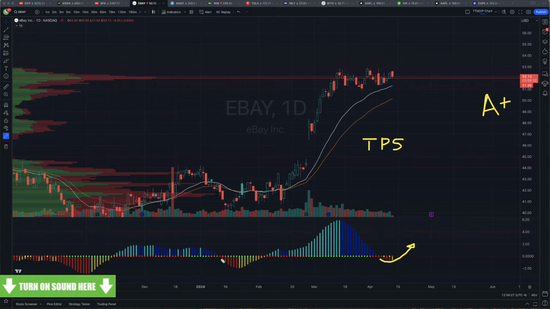You can see it here, red to yellow. Yes, there was no squeeze, but you see how the pattern works within this histogram, right? So that's our momentum shift. Obviously, this is a daily candle and it hasn't closed just yet, but that makes this an A plus TPS pattern. Okay, so that's what we use for most of our trading, and I'll show you how to scan for that here in a minute. But that's the TPS pattern.